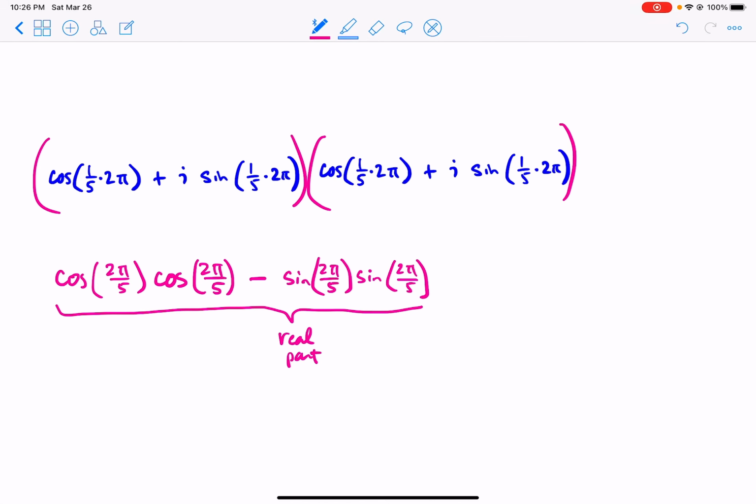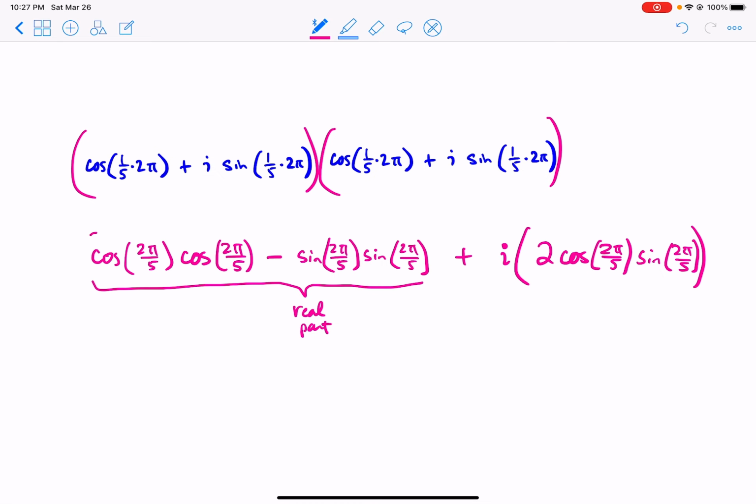So let's look at the imaginary part. It'll be an i times a cosine sine, and then an i times a cosine sine. So let's look at that. I get i times, I guess, 2 cosine sines. Okay, so this is the real part.